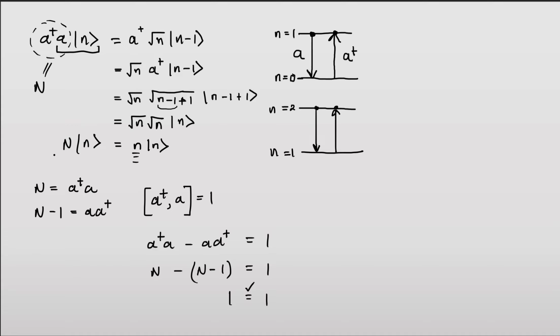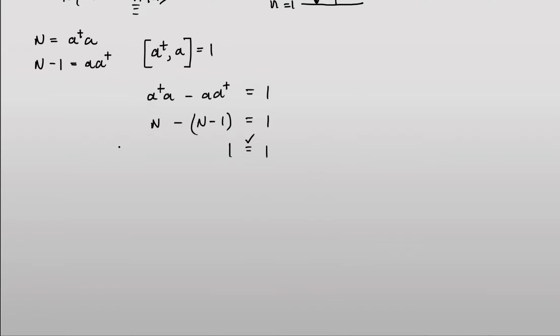So what's not taught, actually, and what I found to be very interesting, what's not taught in many quantum field courses is what happens if we do now something like this. A dagger, and we act on n. All right, so what in the world is this?